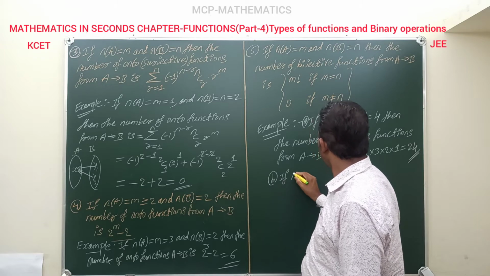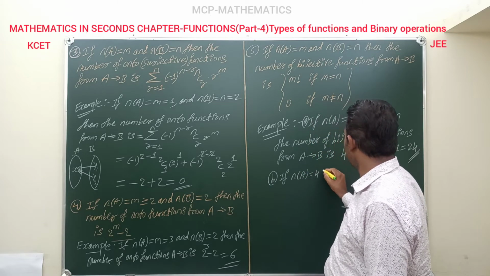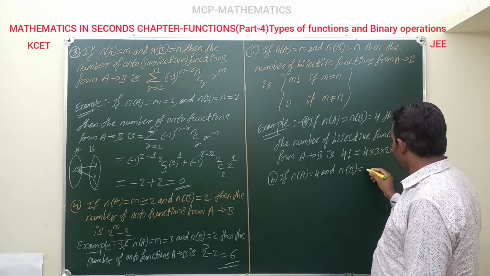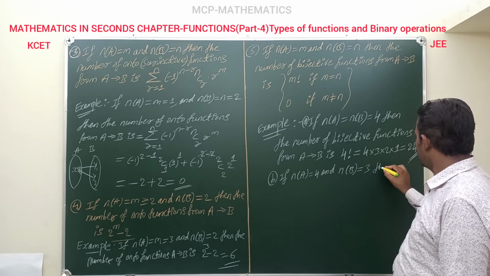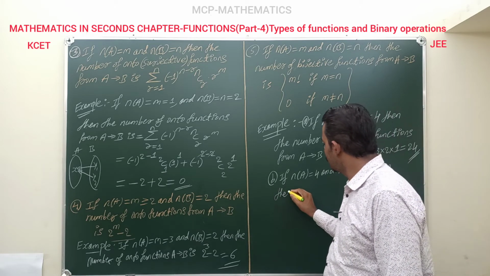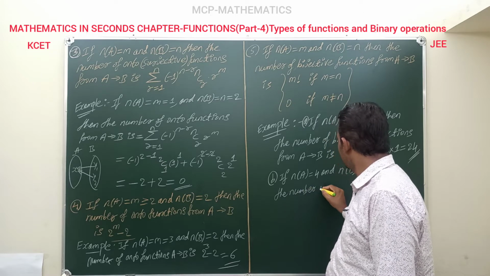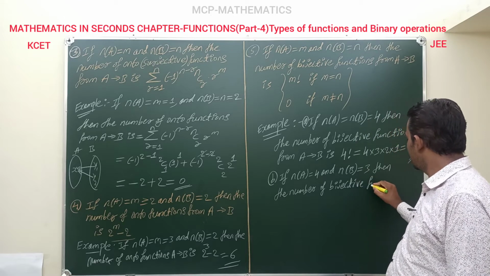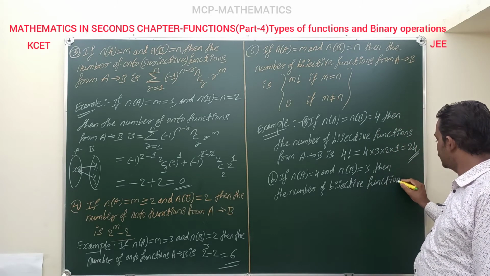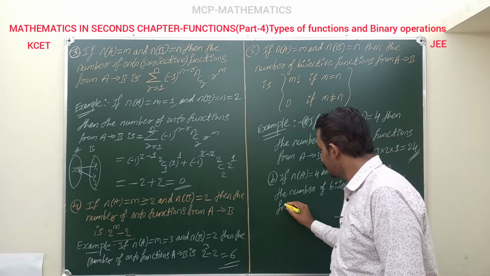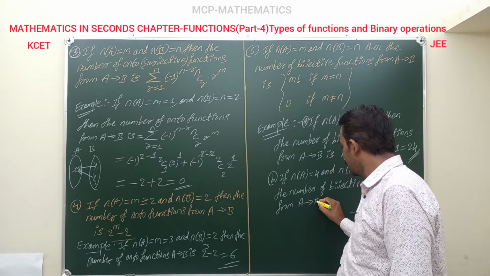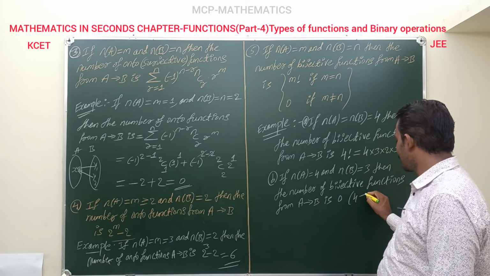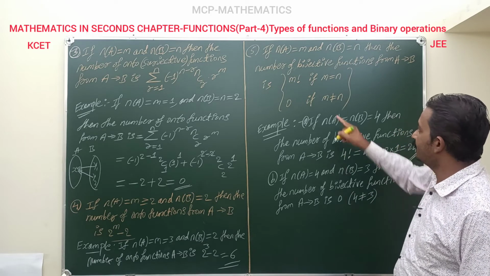Next we take n(A) equal to 4 and n(B) equal to 3. Then the number of bijective functions from A to B is, in this case, 0, because here 4 is not equal to 3.